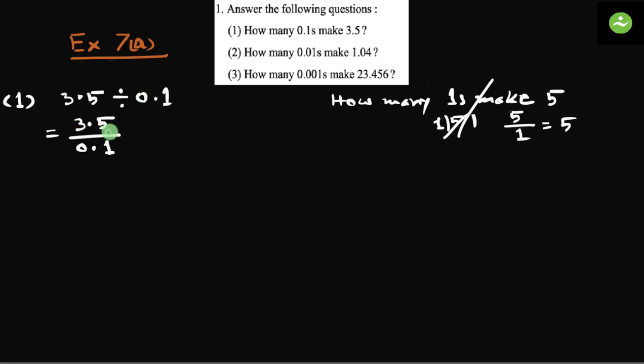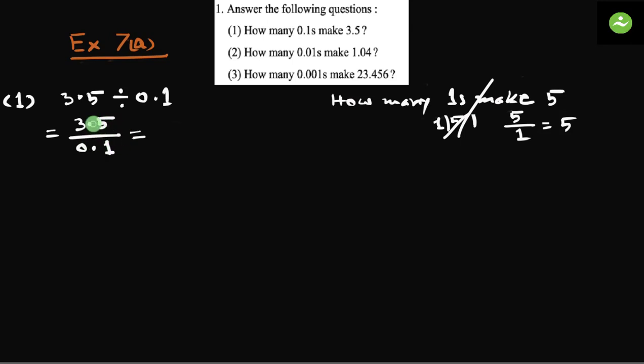The dividend becomes the numerator and the divisor always is the denominator. Now we have to do the simplification. We know that if we divide or multiply by the same number, the value doesn't change.